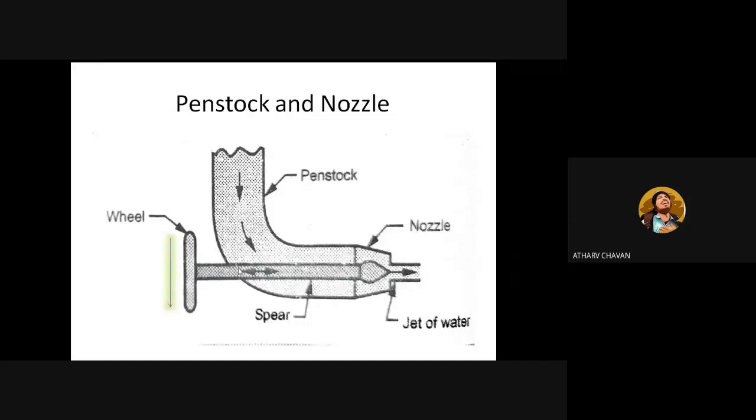If we rotate this wheel in the clockwise direction, the spear will go in the forward direction and close the mouth of the nozzle. When the mouth of the nozzle is closed, the water which has entered the penstock will stop here, and it will contain pressure energy because of its own self weight. So the potential energy gets converted into pressure energy of the water because of the self weight.